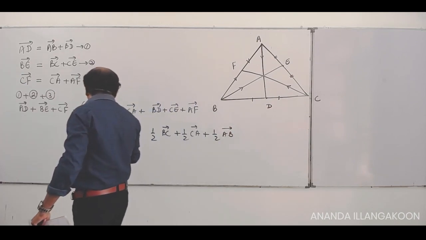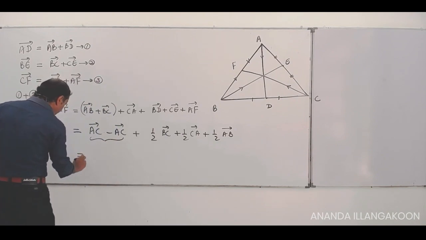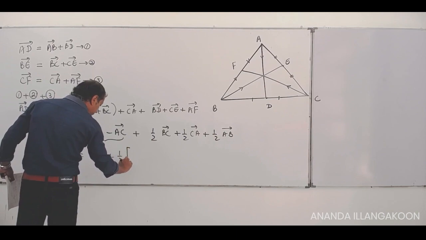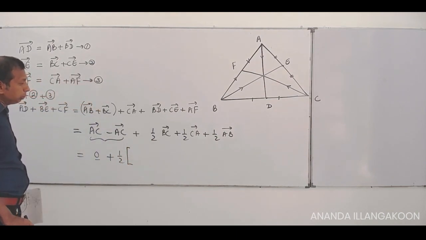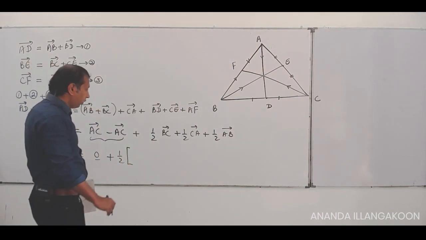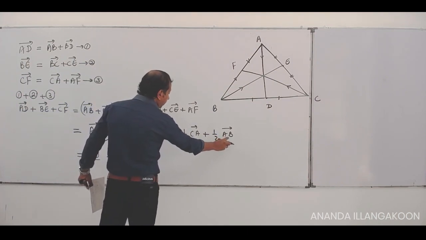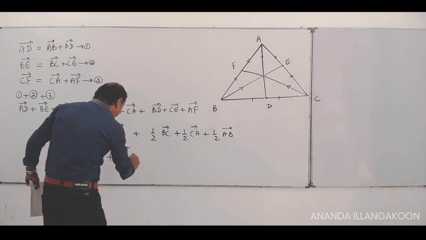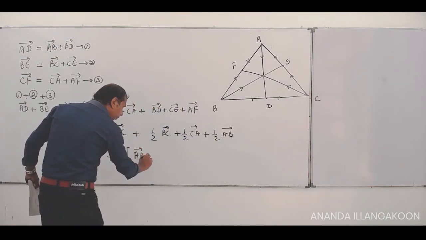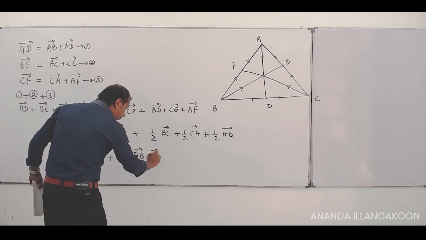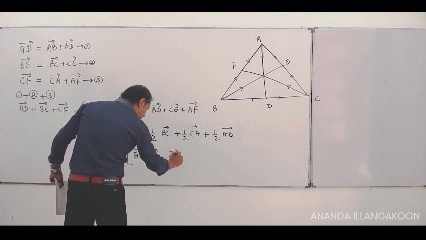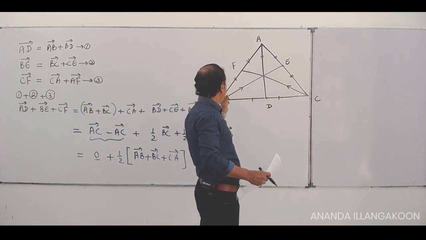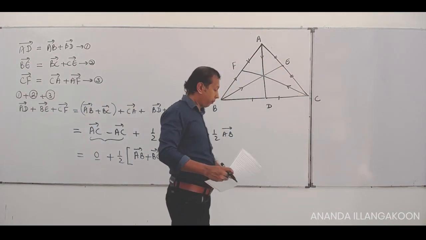Right. You can see these two are null vectors. If we take half out, I can write AB plus BC together. This and this I take together: AB plus BC, and here we have CA. AB, BC is AC.